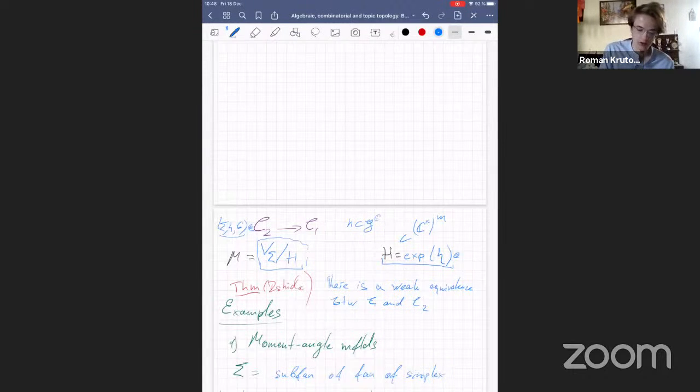So this algebraic torus acts on our toric variety, and H also acts on it, and it can be proved that it acts nicely, and there is a quotient manifold, which is a complex manifold.